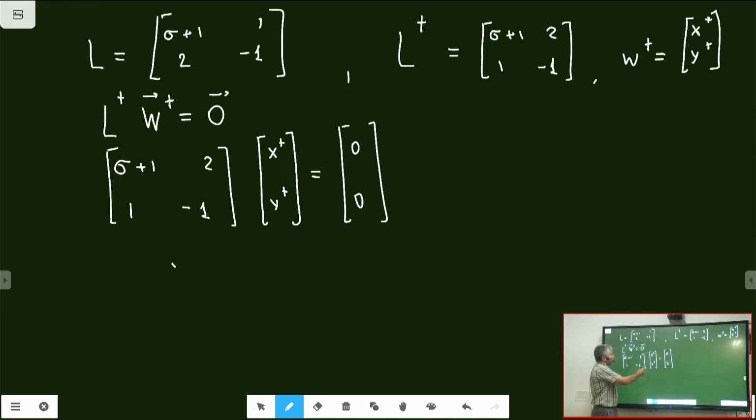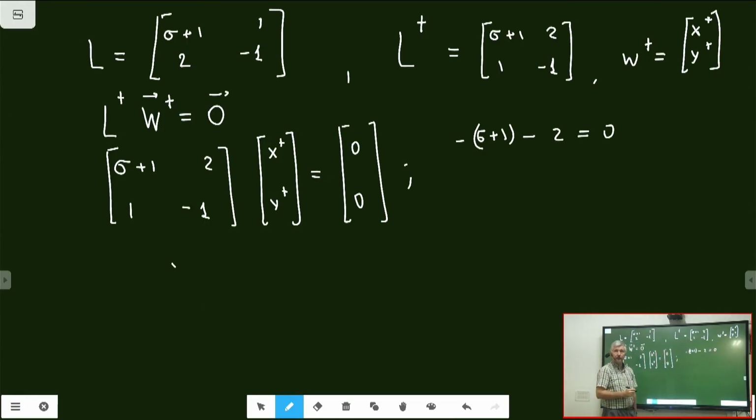Now, the right-hand side is 0. We don't want this to be 0. So therefore, we must insist that the determinant of this matrix is equal to 0. Agree? So therefore, minus sigma plus 1 minus 2 is equal to 0. That's the determinant.